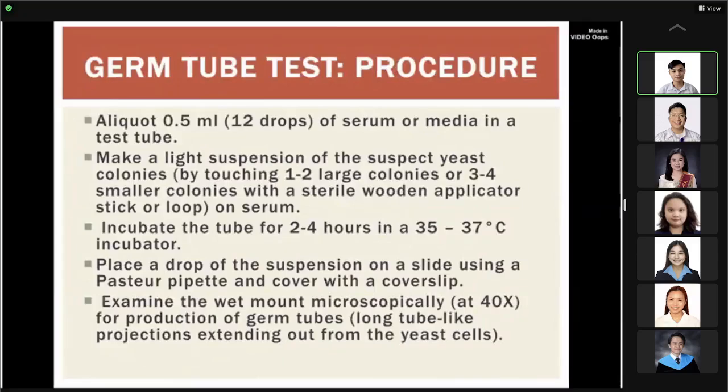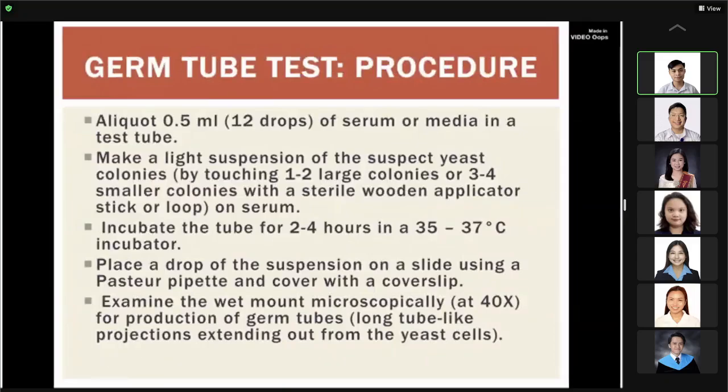We incubate the tube for 2 to 4 hours at 35 to 37 degrees in temperature. Then kukuha tayo from the suspension and we place a drop of that suspension on a slide using a Pasteur pipette, and we cover it with, syempre, cover slip. Then we examine the wet mount microscopically at 40x.